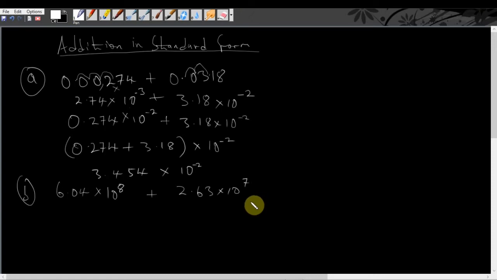Okay, what is going to be the solution now? I think making all of them to be to the power of 8 will be better. If you want to make this one come to the power of 7, it will be out of standard form because it will give you something like 60. But this one, you can easily make it become 8, as in it will still remain standard form. This is what I mean.